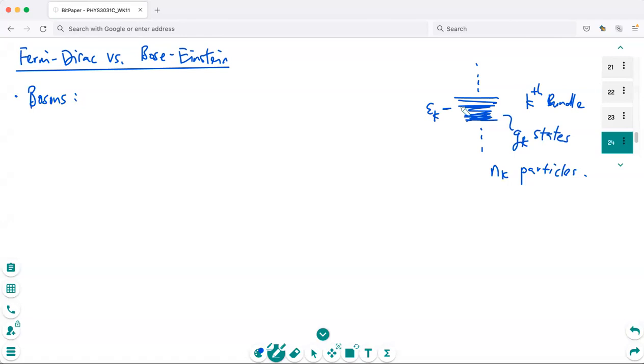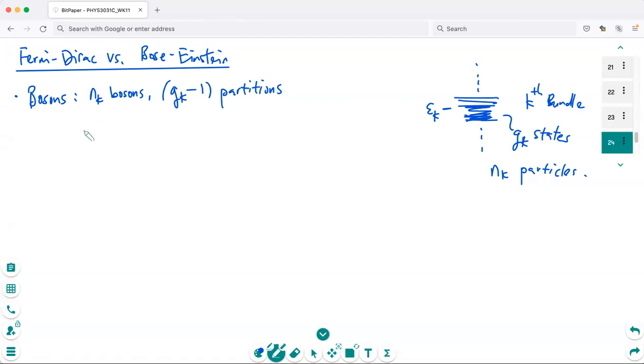We ask, how do you put these NK bosons in these GK states? GK energy states, how do I describe them? I just use the partitions. I use the walls to describe all these energy states. I'll show you how to do that.